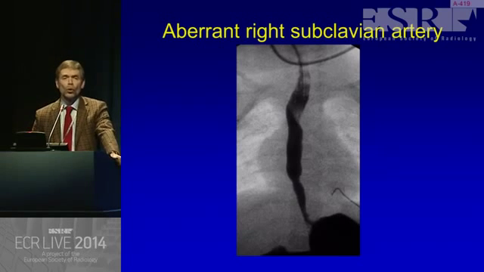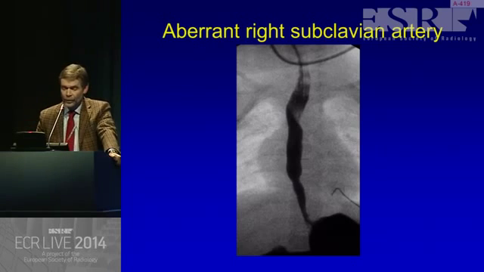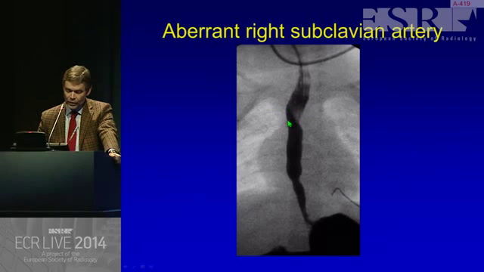One of the things we all know, I think, and if you don't know it, you should know, is the aberrant right subclavian artery. It simulates a double aorta, but it's not compressing on this side. It always has an oblique course, like this.